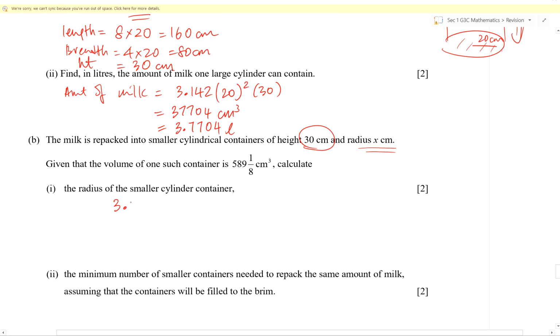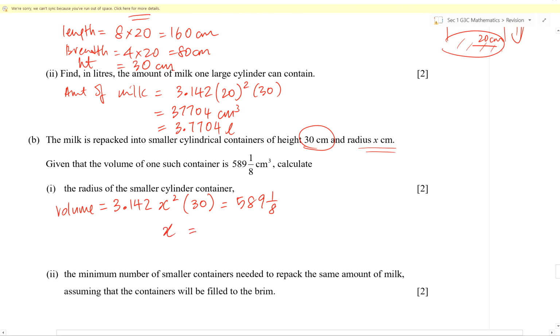So 3.142, pi r squared times 30 cm is equal to 589 and 1/8. So this is the volume. And now we're going to find x over here.